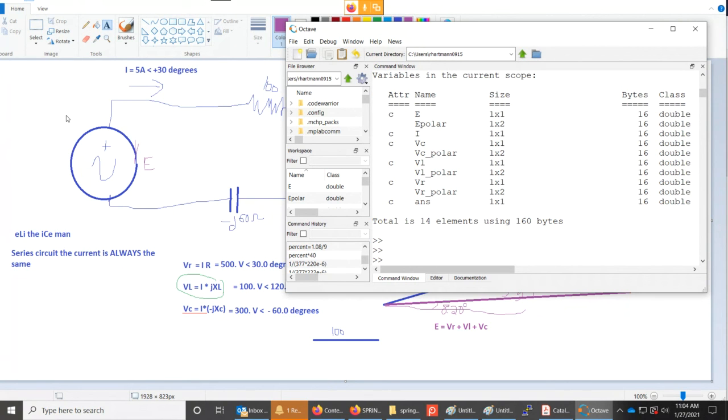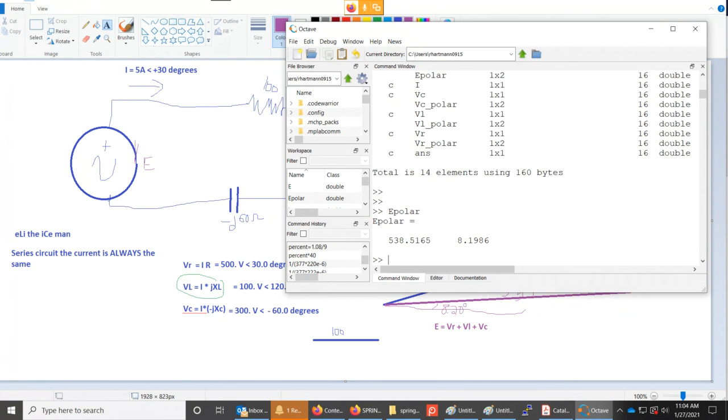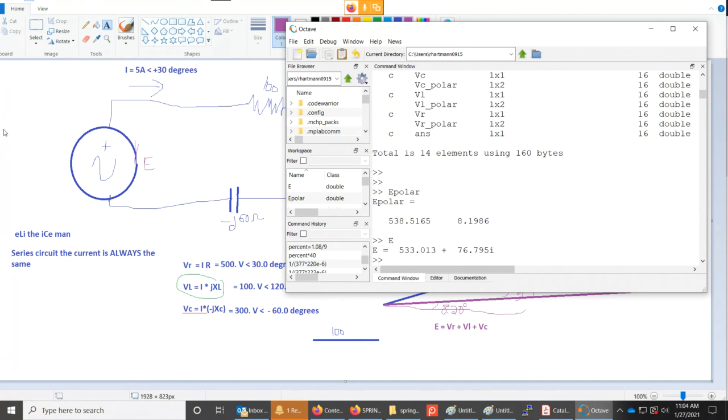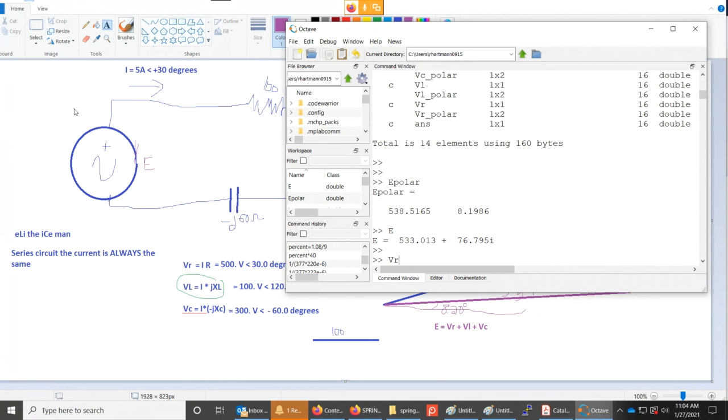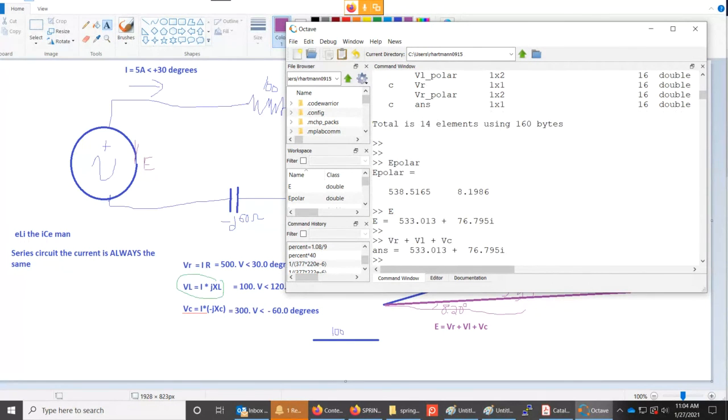So now remember the E, E in polar form was 539 at an angle of 8.2, or in rectangular form, it's 533 plus 76.8 j. And if I take VR plus VL plus VC and I add those together, notice it gives me the exact same value.